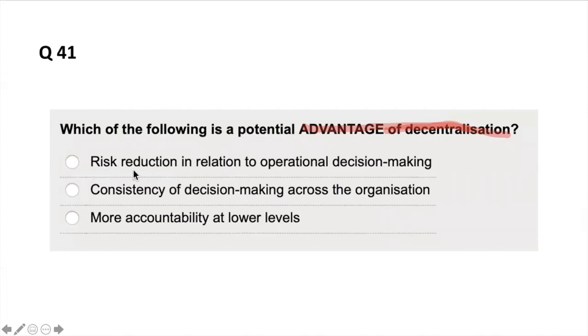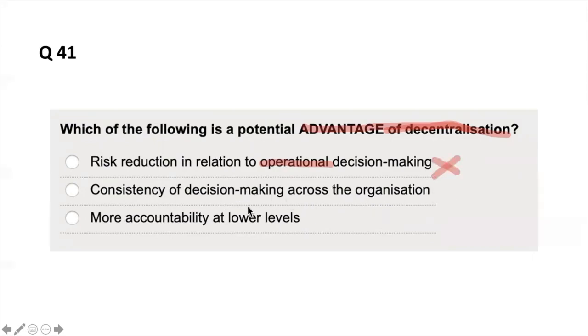1, risk reduction in relation to operational decision making. So you're making decisions at operational level and you're reducing the risk. Is that the case here? Not necessarily, because you're probably making the risk higher when you decentralize the decision making on an operational level. So this is not the answer we're looking for. Consistency of decision making across the organization.